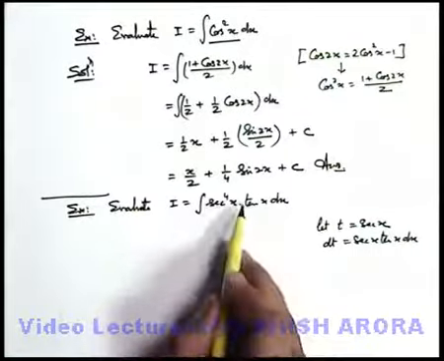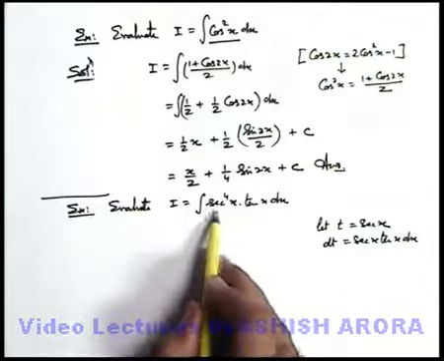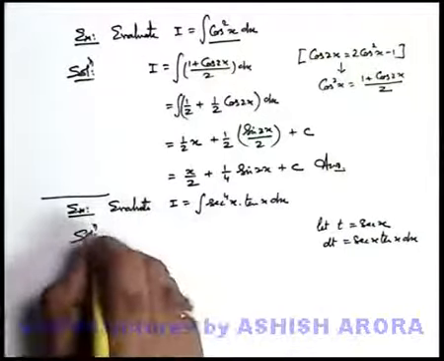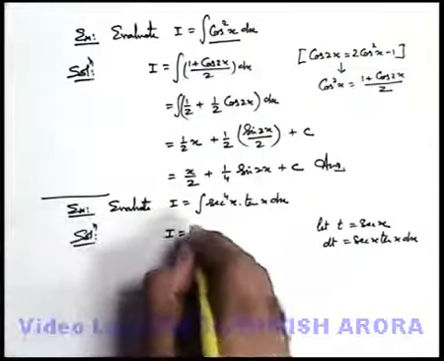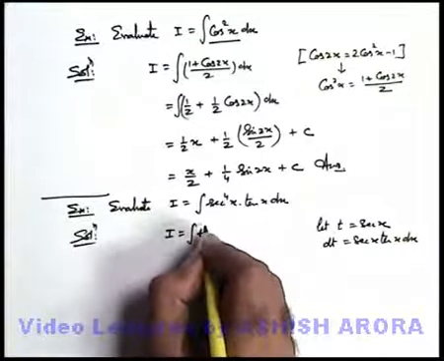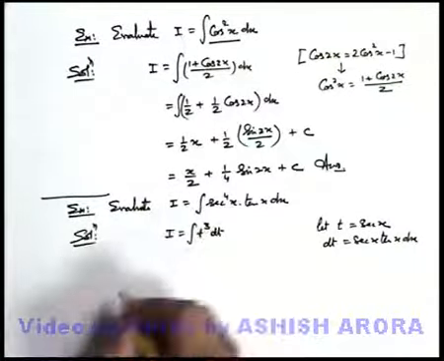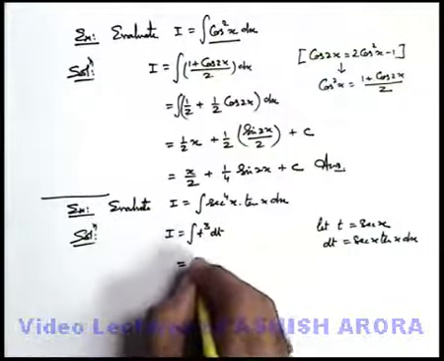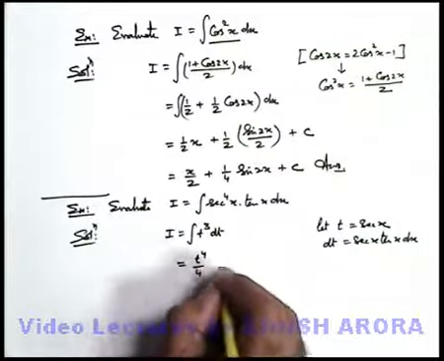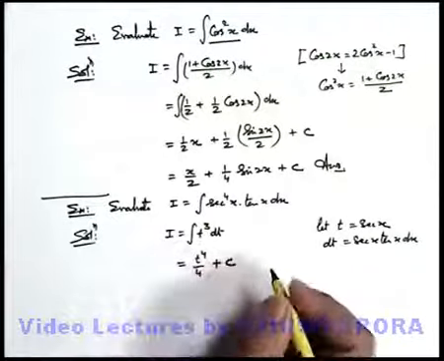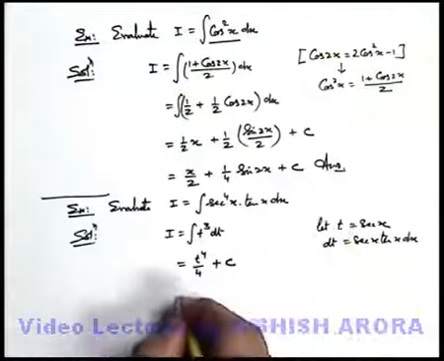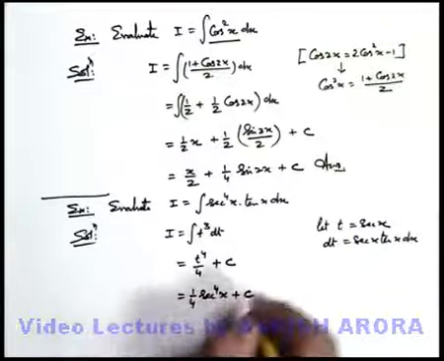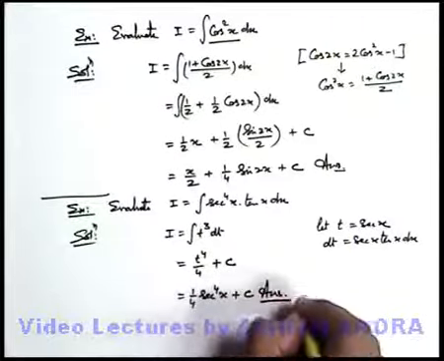And if you take one sec x out, the remaining will be sec cube x, which can be written as t cube. So here the value of I will become integration of t cube dt. So in this situation, the integration of t cube will become t to power 4 by 4 plus c. If we just substitute the value of t here, it will be 1 by 4 sec 4x plus c, which is the answer to our case.